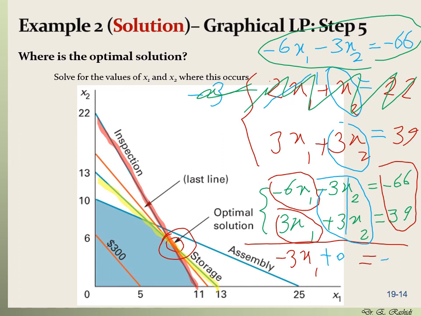So negative 3x1 is equal to negative 27. Solving for x, x1 must be 9.